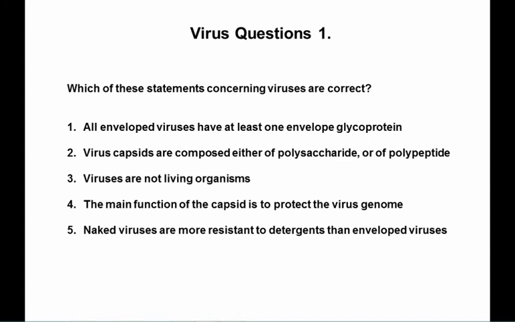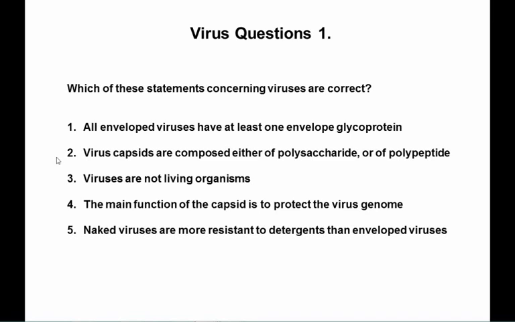Okay, everybody thought about these? So which of these are true then? One, all envelope viruses have at least one envelope glycoprotein. Who says yes? It's true. Who says no? It's false. You're right, that's true. At least one. Two, virus capsids are composed of either polysaccharide or polypeptide. Who says yes?